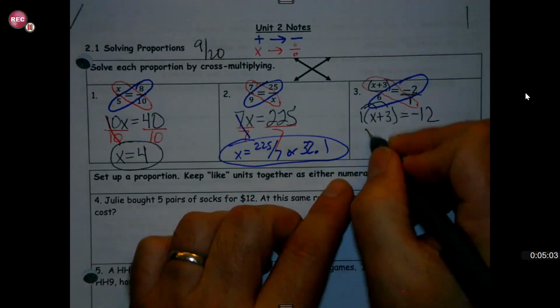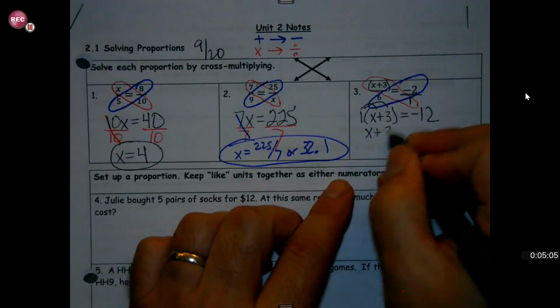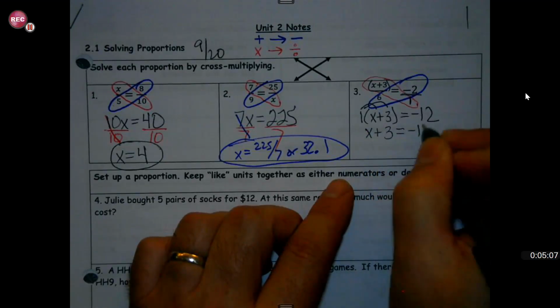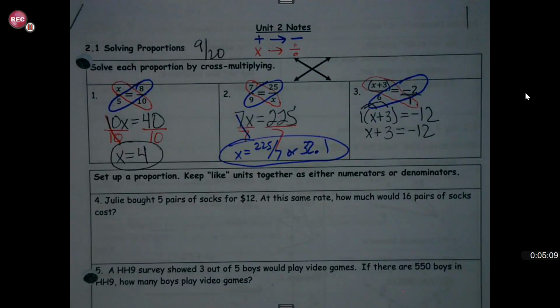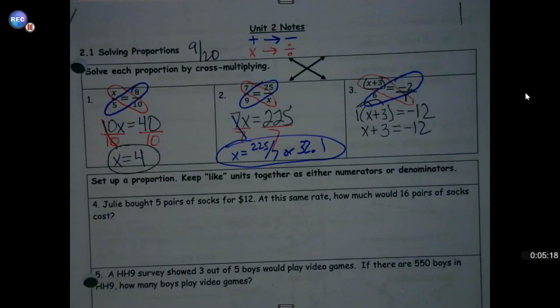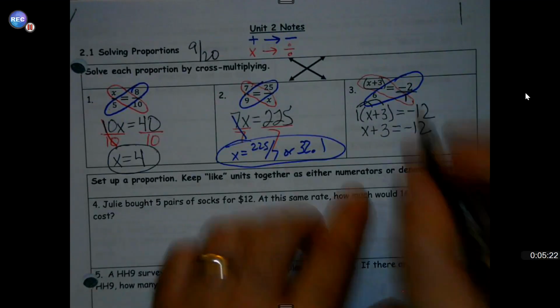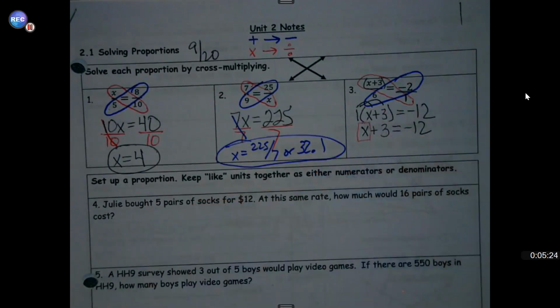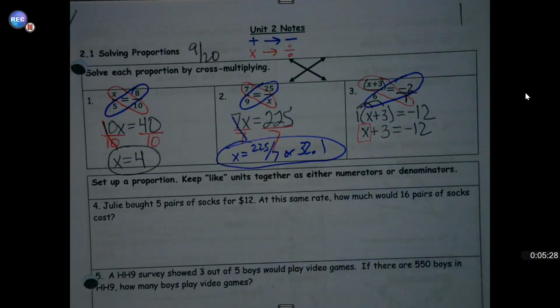This kind of seems counterproductive when you could have just written x plus 3. There's going to be a point coming up here that there will be a number there that we have to distribute. I'm trying to get you to start thinking about that right away. So here's my question for you: how am I going to get the plus 3 out of there?